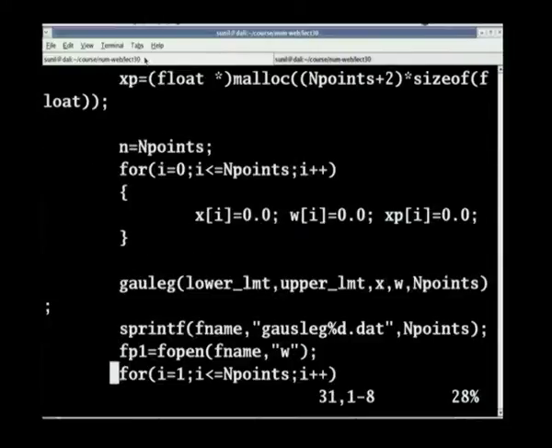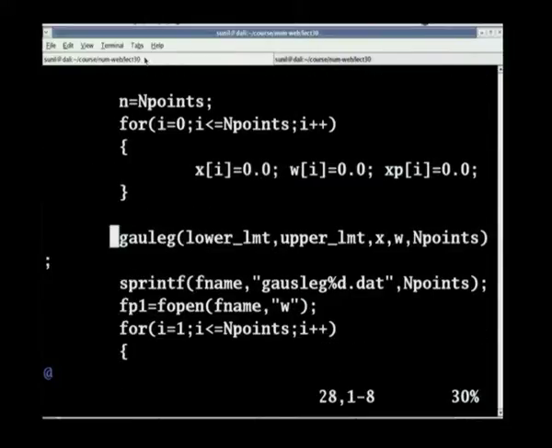Once we have that, we can just call a function. So now you see, as I said, this is independent of the function. The weights and the points at which it has to be tabulated are independent of the function. So in the beginning of this program, I just call another function called Gauss Legendre, and I supply the lower limit and the upper limit, and then this program would return to me the x values and the weights at the number of points which I have asked it for.